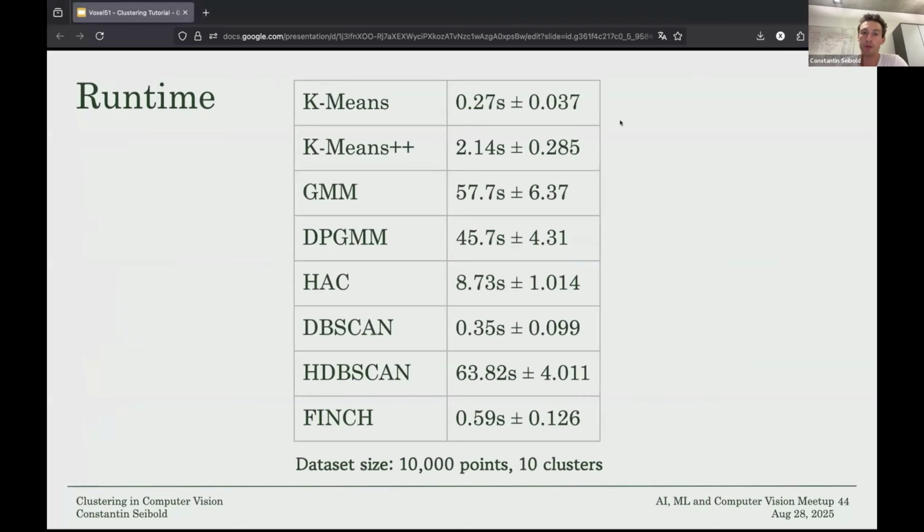Also, one thing to keep in mind with these different clustering algorithms is the runtime, which is really applicable to the real world. So even for 10,000 samples, a method like HDBSCAN takes a minute, whereas the standard k-means takes less than a second, or with better initialization takes 2 seconds.